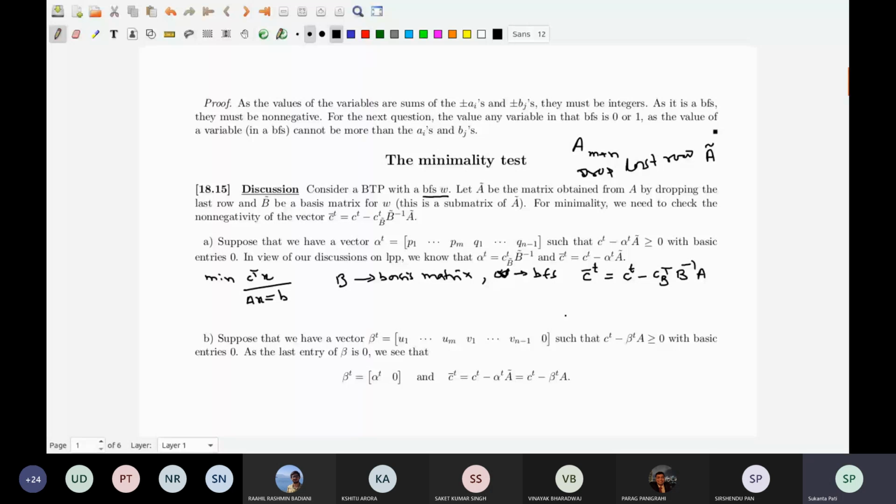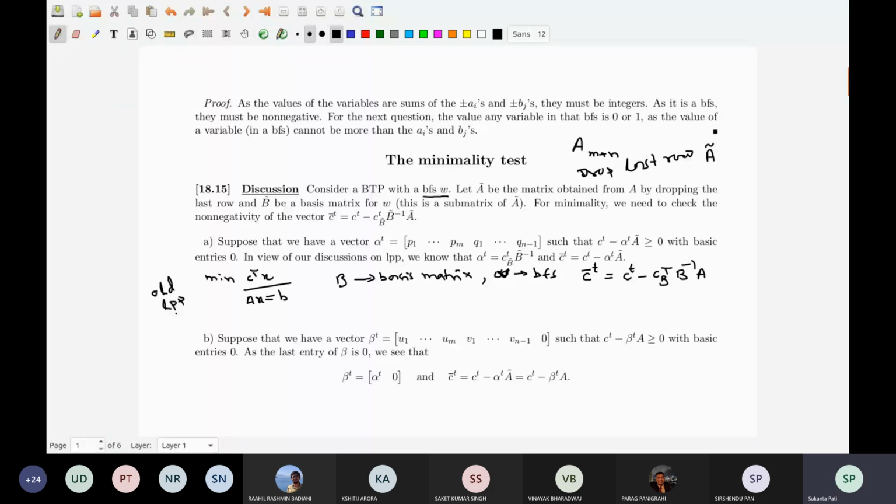So here also, how do I find out whether our BFS W is minimal or not? Whatever I have written right now is the knowledge from old LPP.